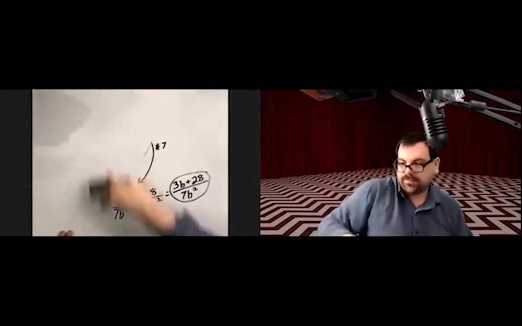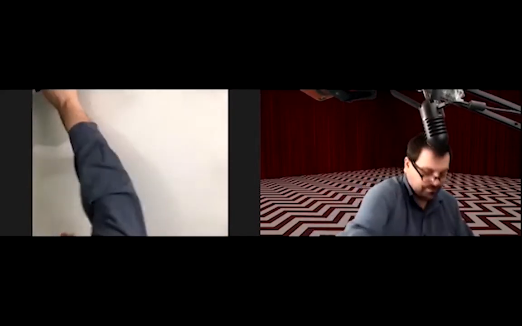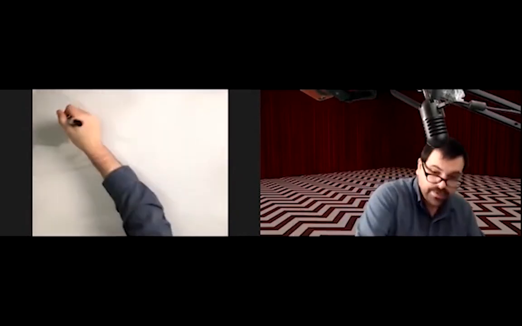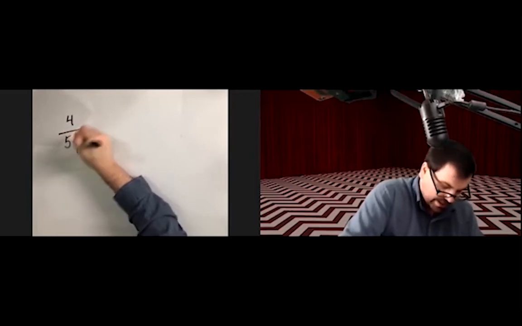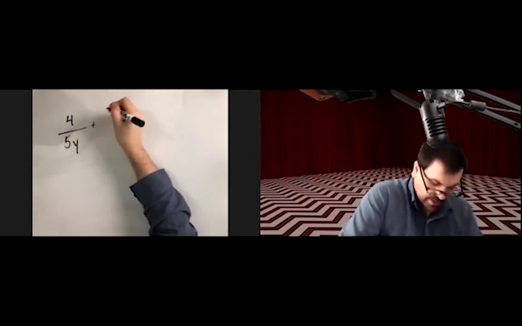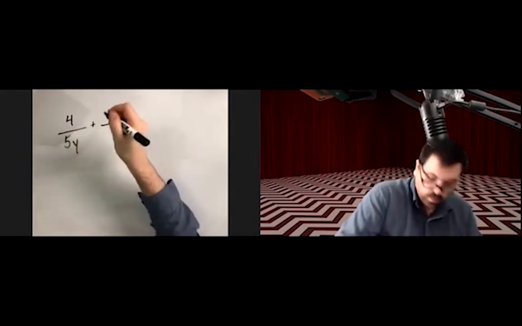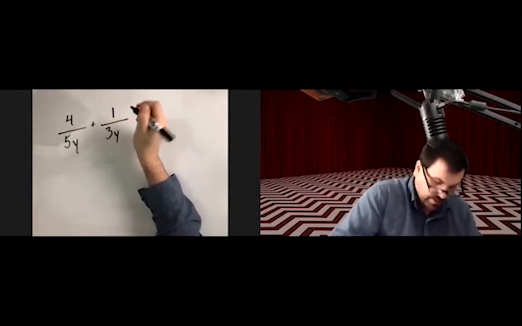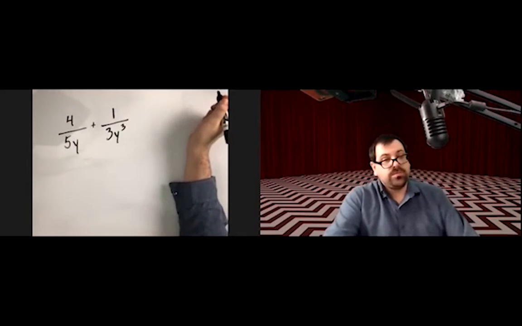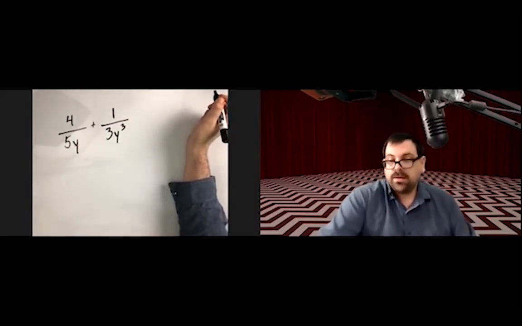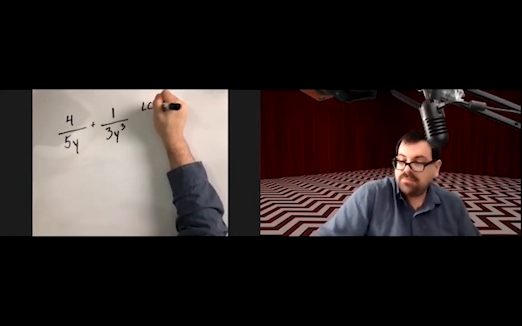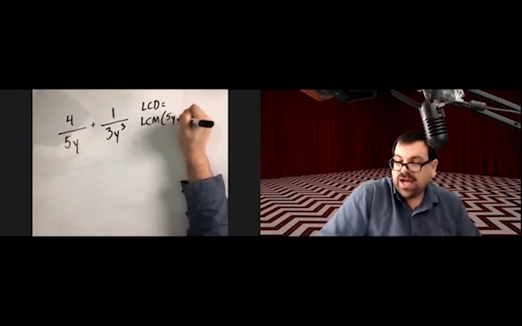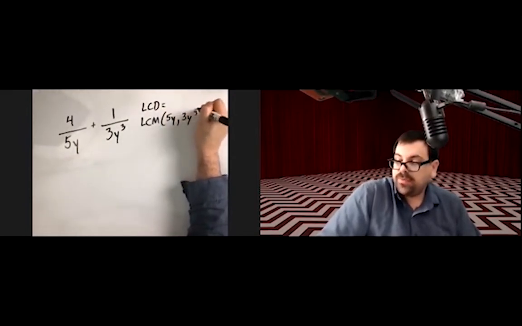Again, 4 over 5y plus 1 over 3y cubed. The least common denominator is going to be the least common multiple of 5y and 3y cubed.